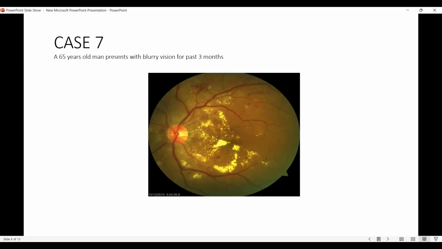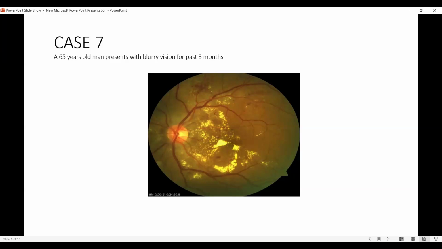So systemically, I would measure the blood pressure of the patient, because blood pressure control is also important in these cases. And systemically, I would advise the fasting and postprandial blood sugars, lipid profile, and HbA1c as well.